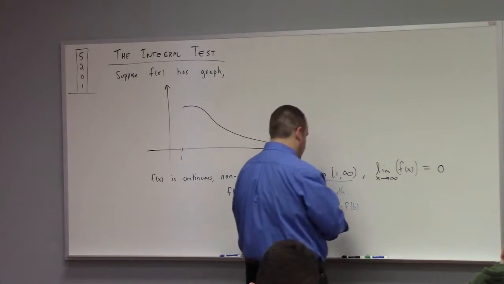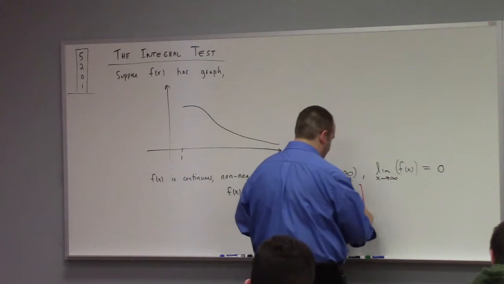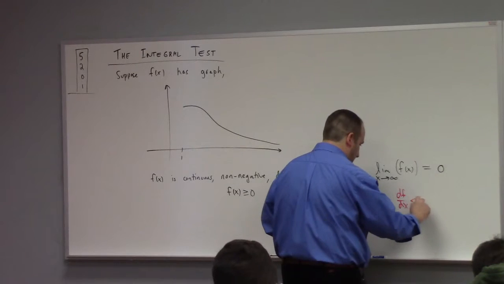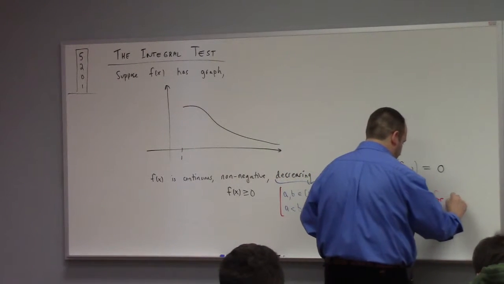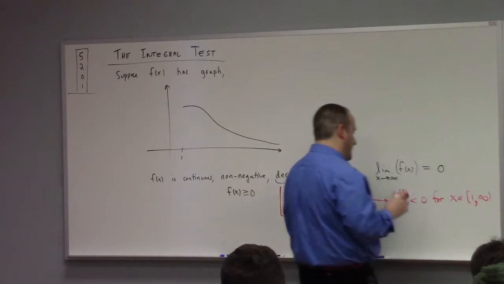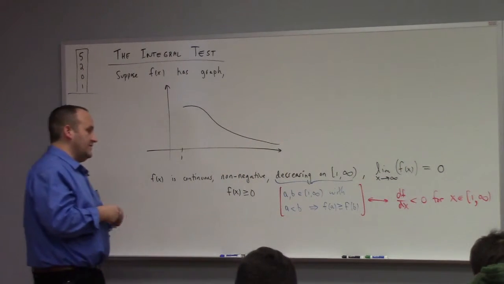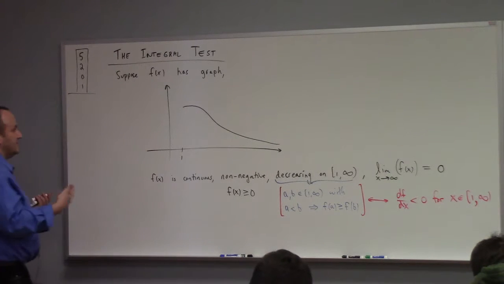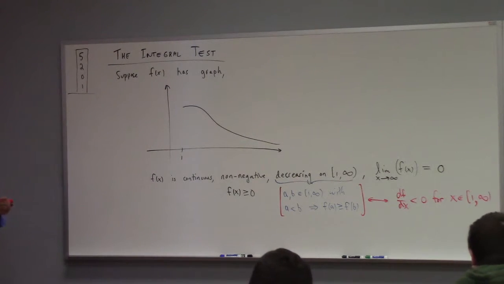So we tend to trade this for df dx less than 0 for x in 1 to infinity, right? So pragmatically speaking, for a given function, that's often the right way to check that it's decreasing. Okay, so given all these terms and conditions, what does this have to do with series, right?